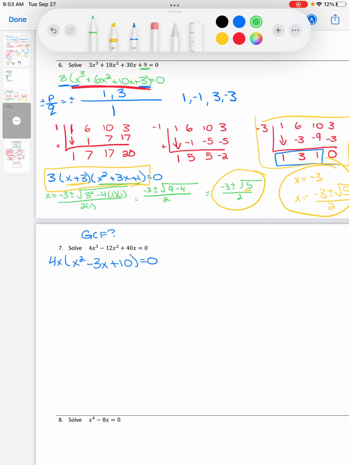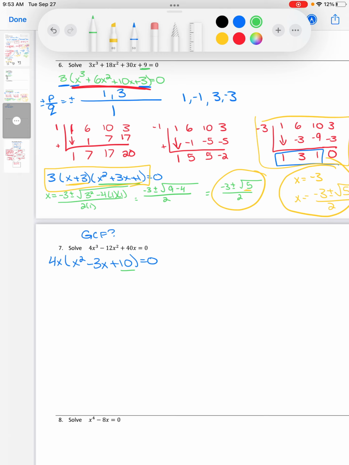Are there two things that multiply to 10 but add to negative 3? Well, the only things that multiply to 10 are 1 and 10, or 5 and 2, and they have to be the same sign. So that doesn't work. So it is not factorable.